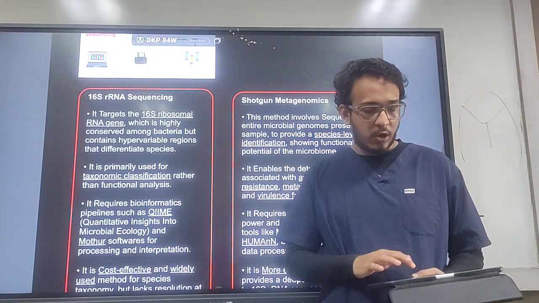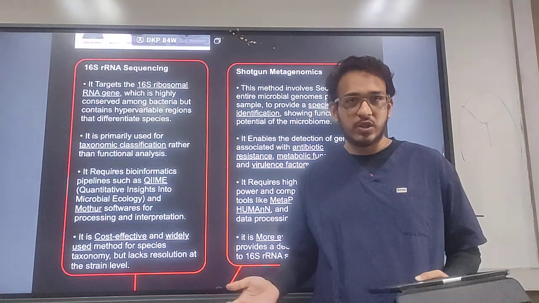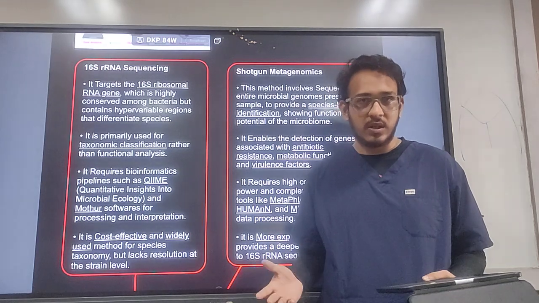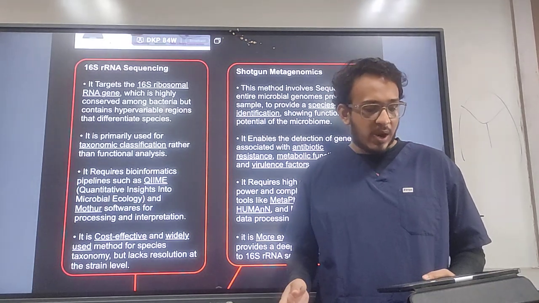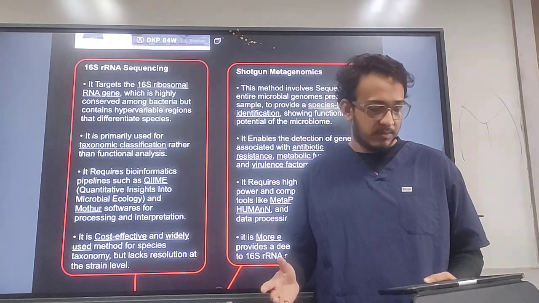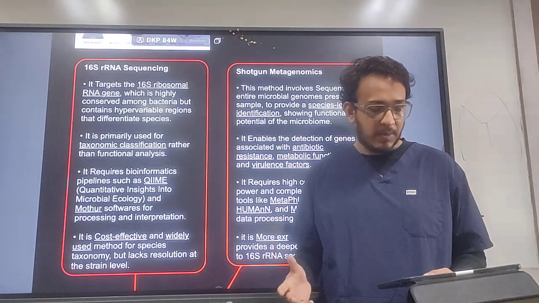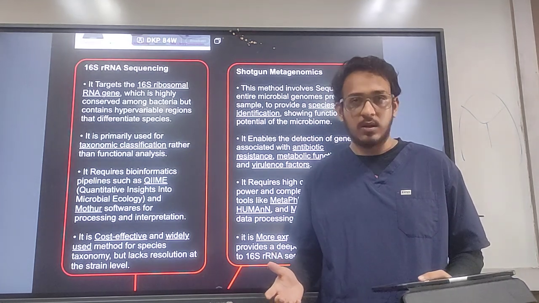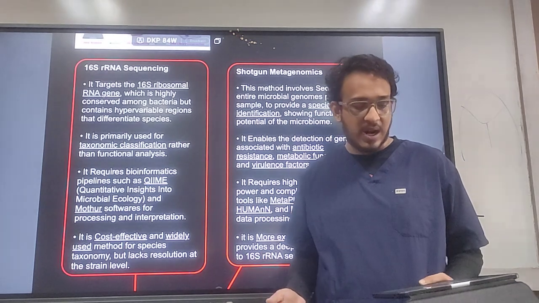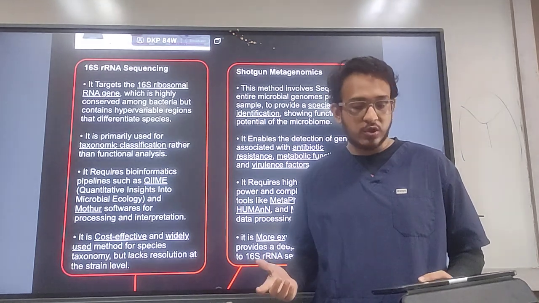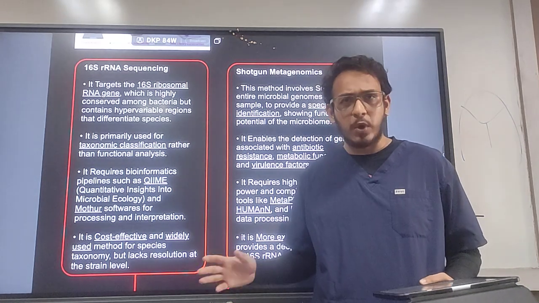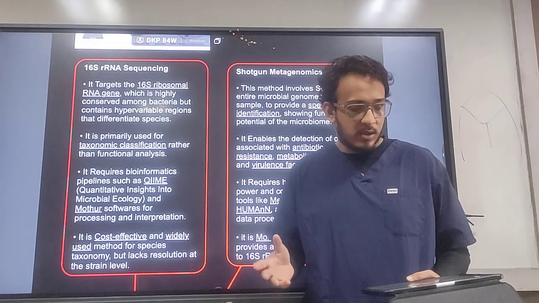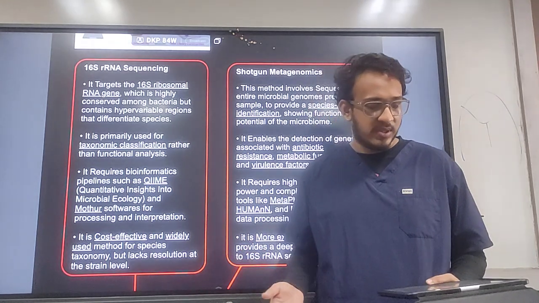It is also used for taxonomic classification because it is species specific, and it requires bioinformatics pipelines such as QIIME and Mothur software, which help to analyze and process the data of RNA sequencing.